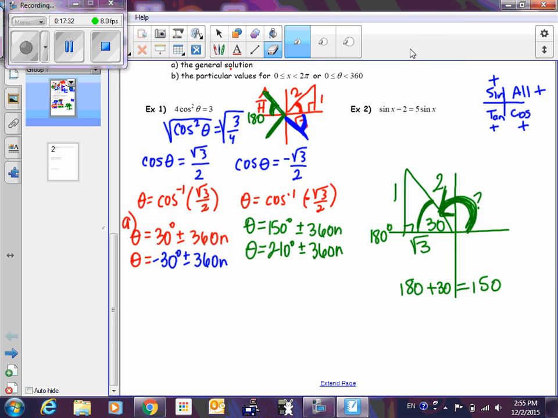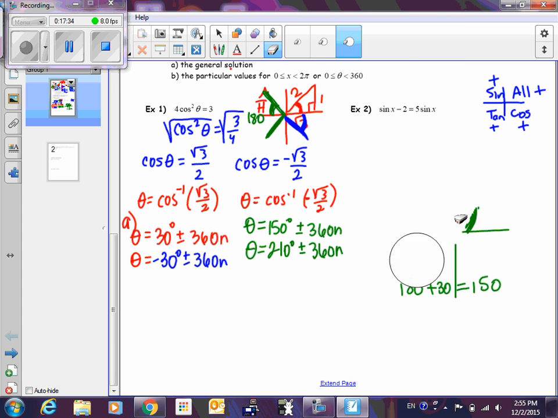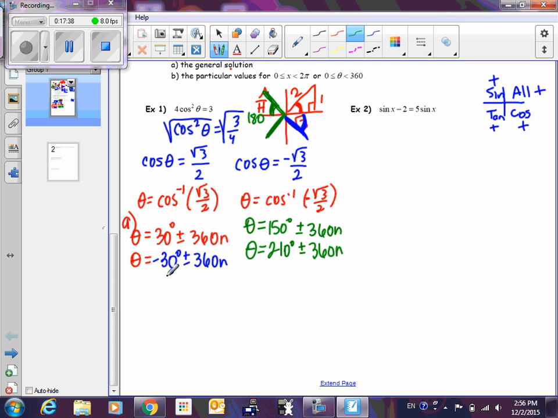Okay, what I would like to do before we move on to part B is explain what on earth we found, because I know some of you are wondering what this even means. All 4 of these equations represent all the answers, of which there are infinitely many.